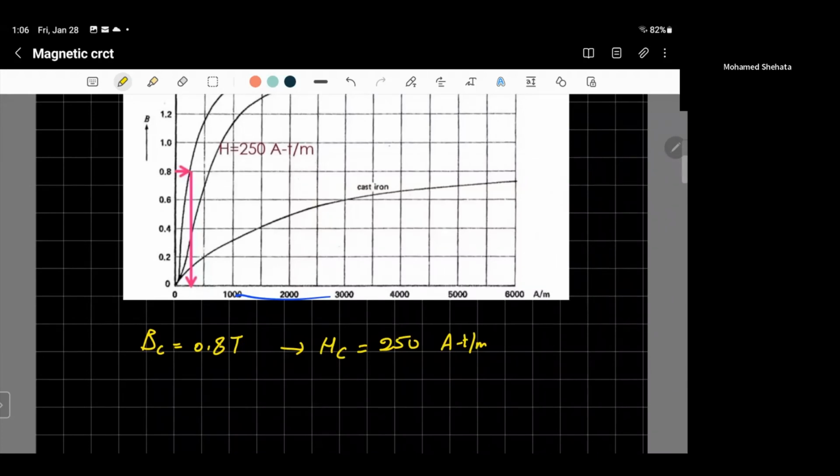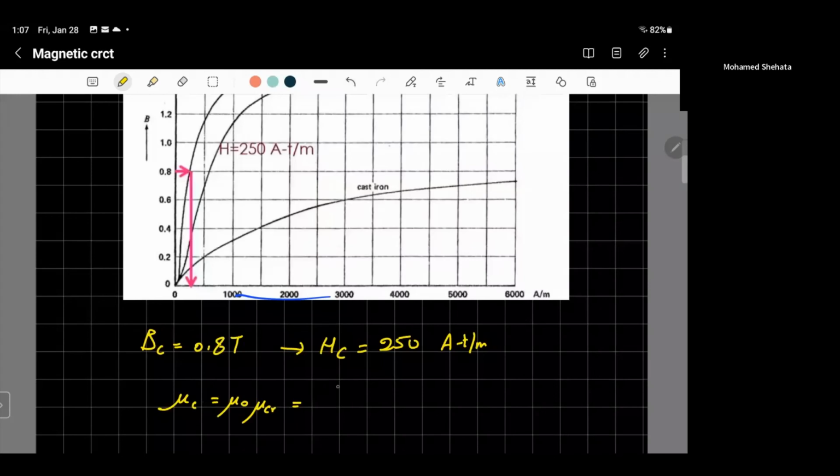If you wish, and you are asked to find the corresponding permeability of the core material, you can do it now. You divide. B is equal to mu H, so mu core is equal to mu naught times mu core relative.